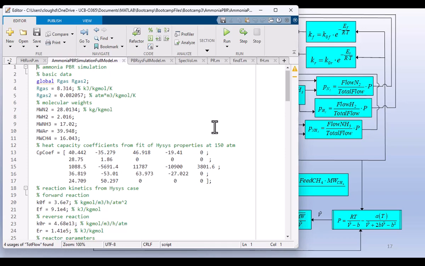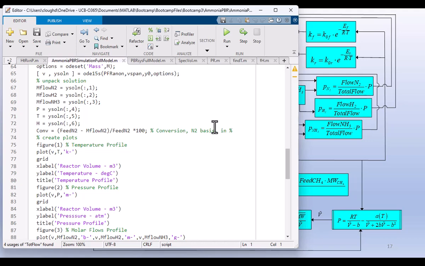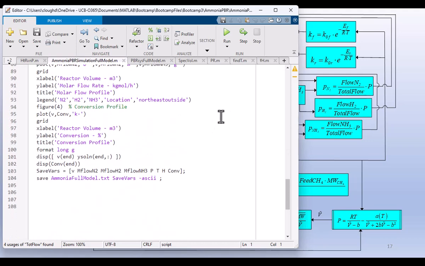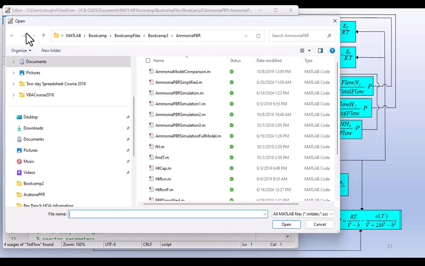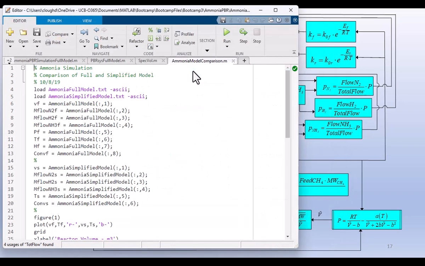So one thing that you'll notice as we unpack our results and make our plots just like before, is that we saved the model results in values in a text file. And then what we are able to do later, having done that, is come in and open a script which is called model comparison.